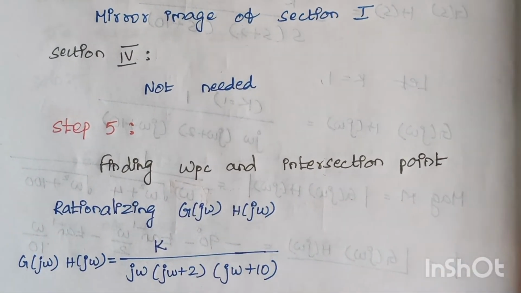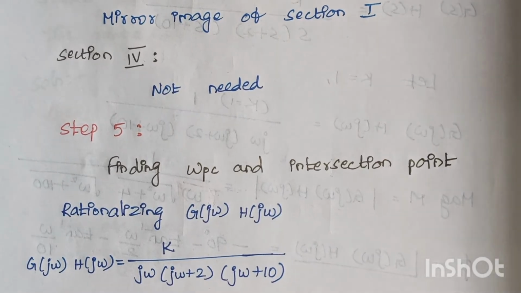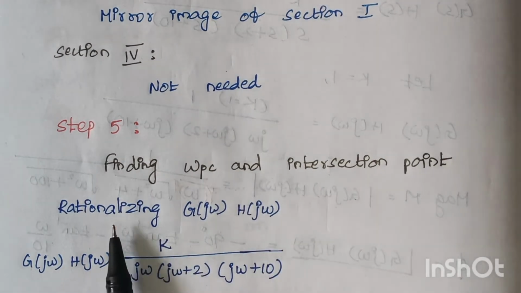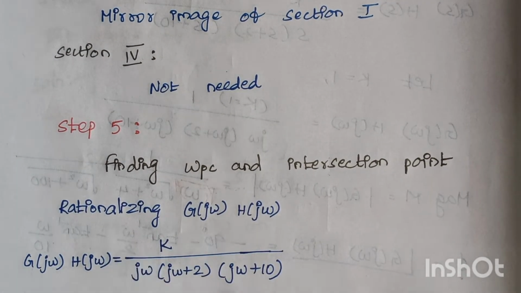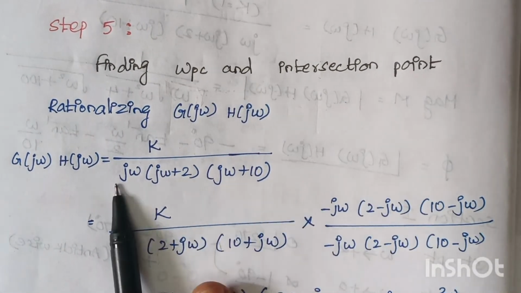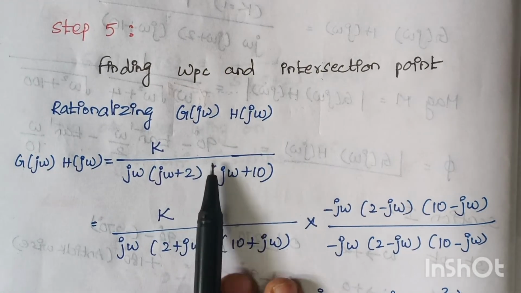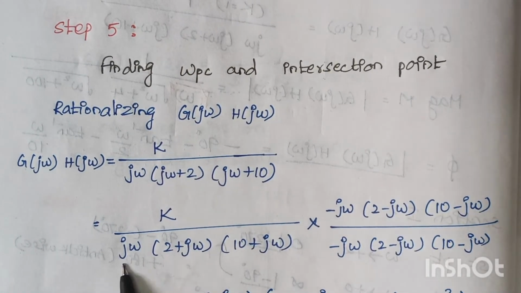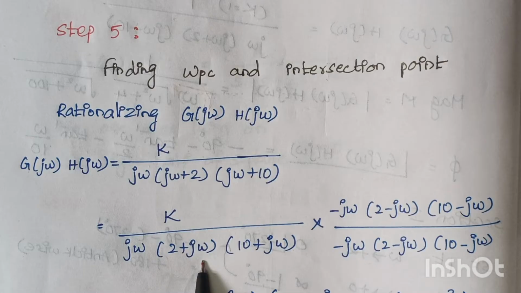So the next thing is step 5. We are going to find the omega PC and intersection point. For that we have to rationalize the given problem. Rationalizing is nothing but, you see, this is our given problem, right? Here you see, this is the term which is to be rationalized.